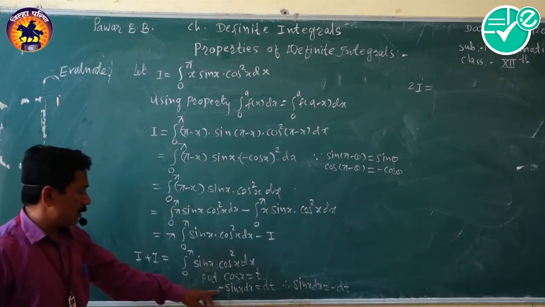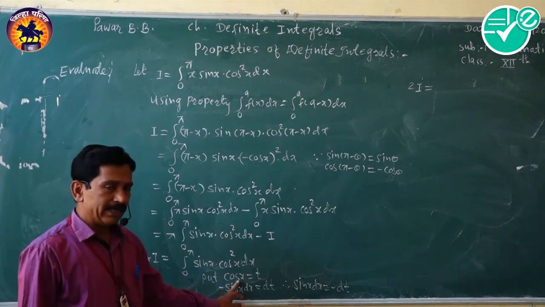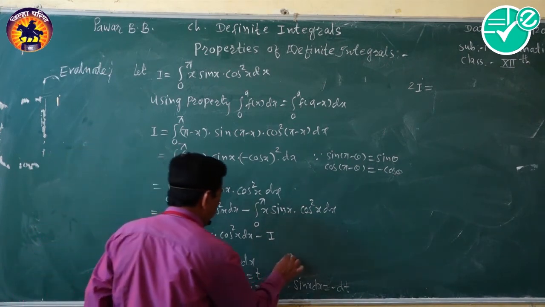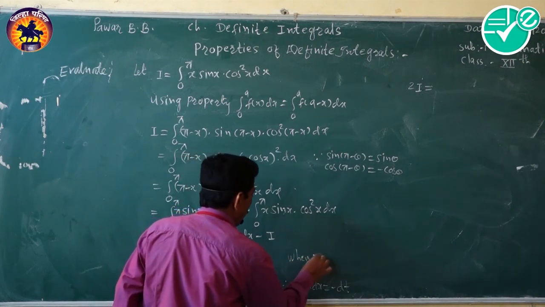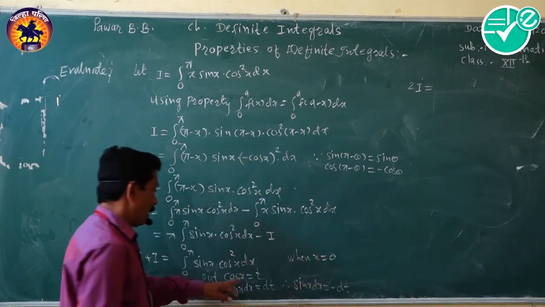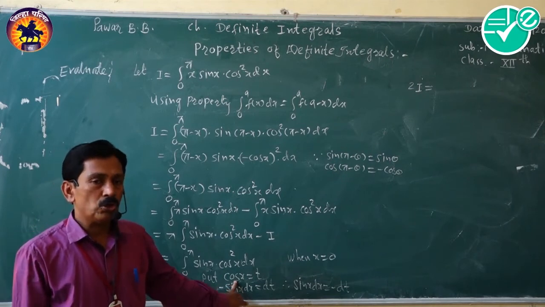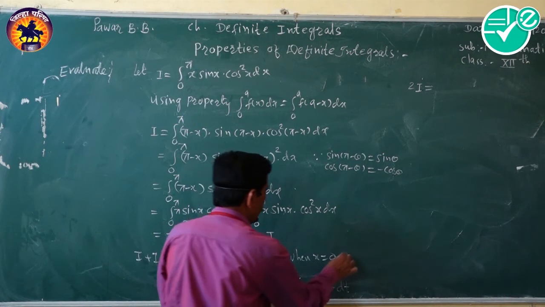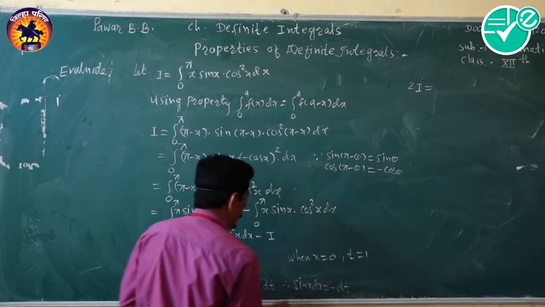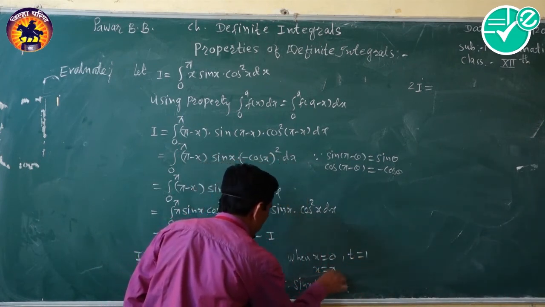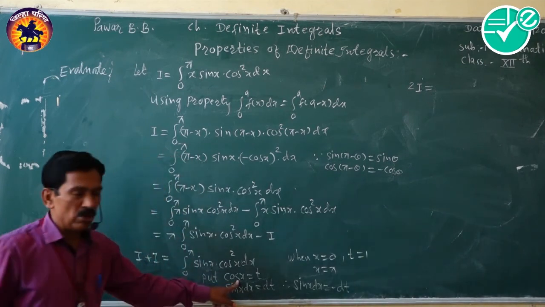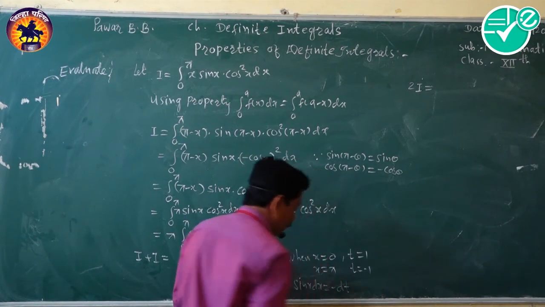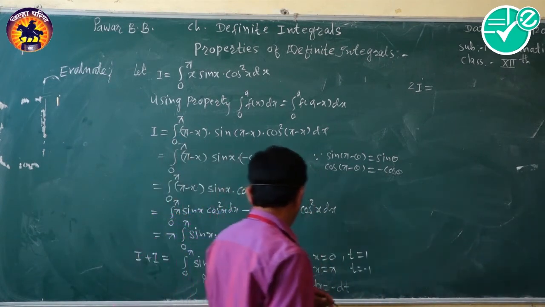Now we are changing the variable x to t, therefore the limits will change. When x is equal to 0, the cos of 0 is 1, therefore t is equal to 1. When x is equal to pi, the value of cos pi is minus 1, therefore t is equal to minus 1.